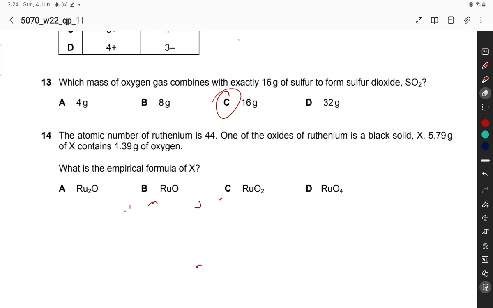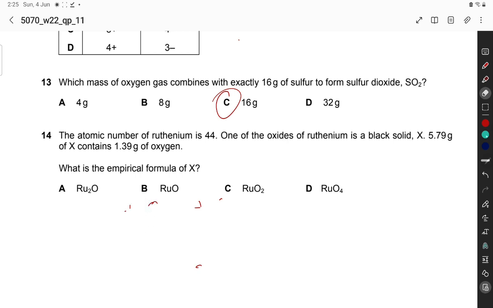One of the oxides of ruthenium is black solid x. 5.79 gram of x contain 1.39 gram. So what is the empirical formula of x?